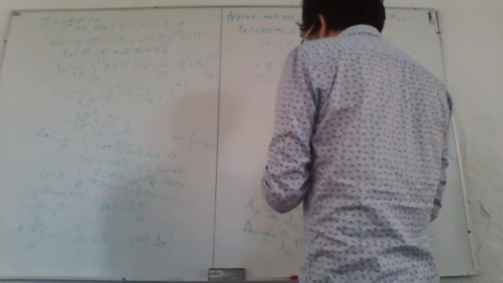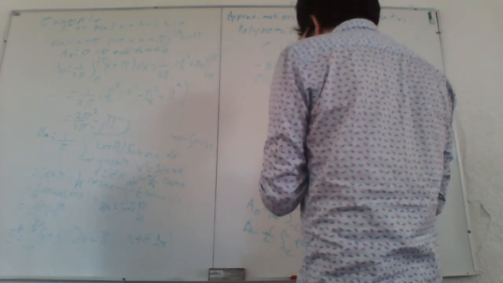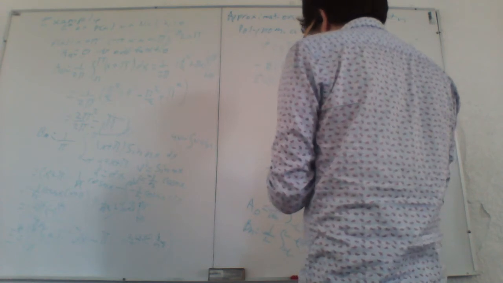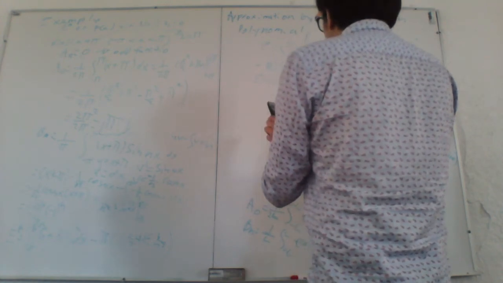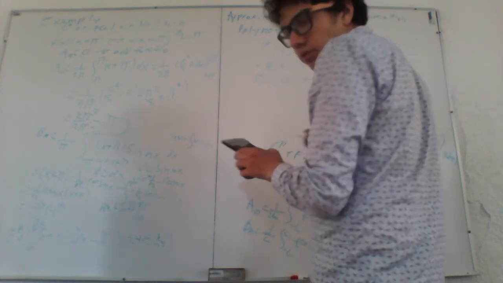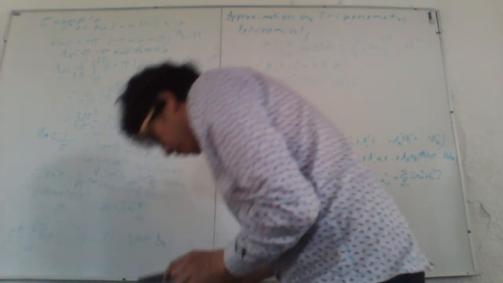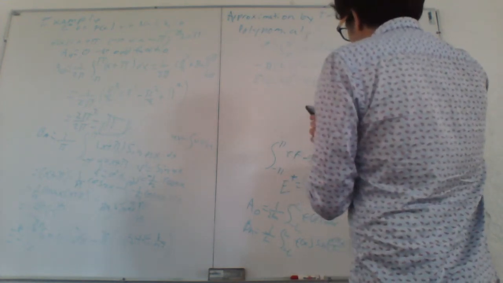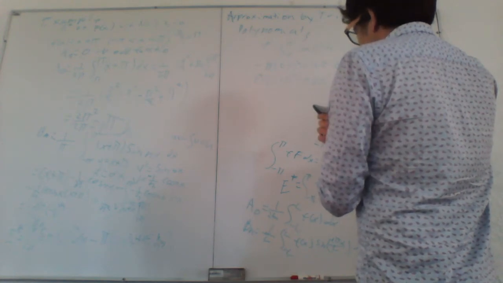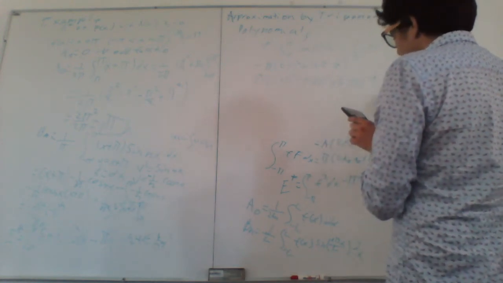That is 2 pi squared plus 4 plus pi, plus minus 1, plus 2 pi squared. We have approximately 54.83.